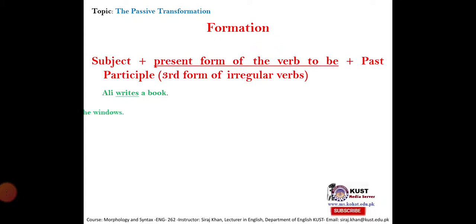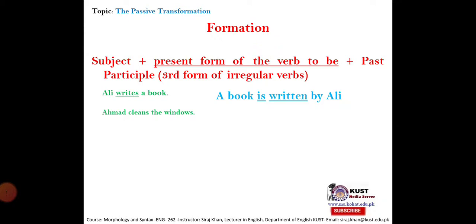When we change that into another example, Ahmed cleans the windows. Ali writes a book. We change that into passive voice: A book is written by Ali. So there are certain rules for that.